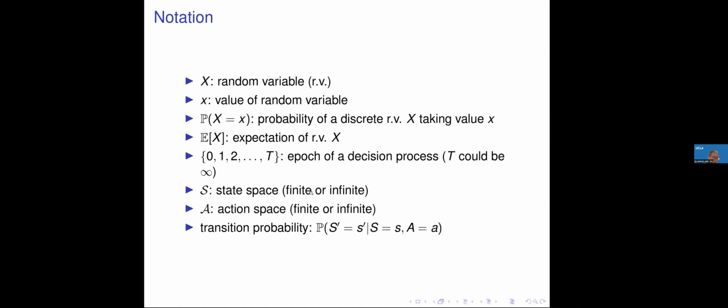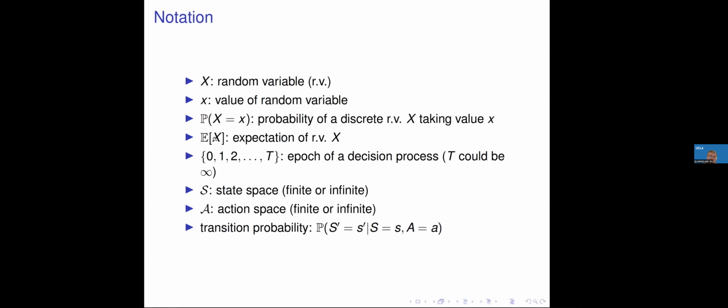So I will use this uppercase symbol X to denote a random variable and use lowercase x to denote the value of a random variable. And P of capital X equal to lowercase x means the probability of a discrete random variable X taking value x.